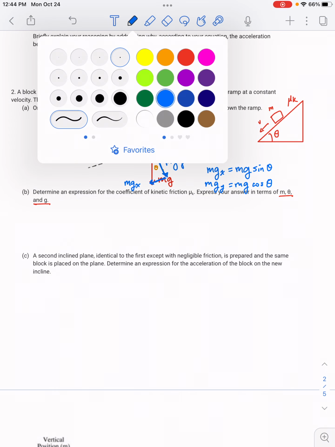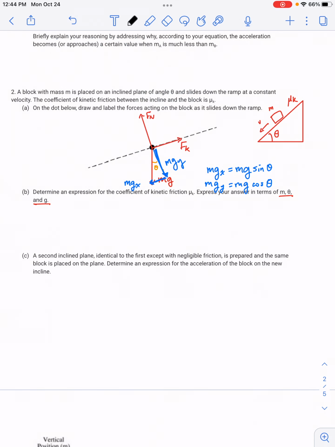And so now if you write our expressions for the net force in the x direction, we can take Fk to be the positive one, the force of friction up the ramp, and then we take mg in the x direction to be down the ramp, so we would say minus mg sine theta.